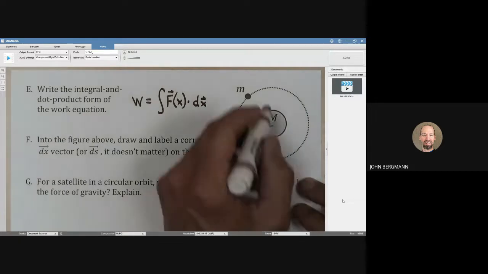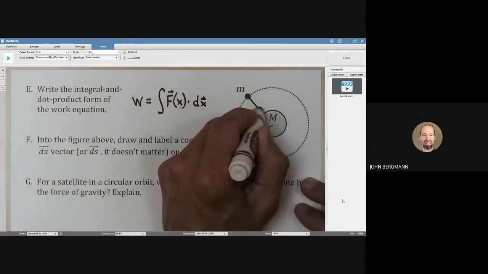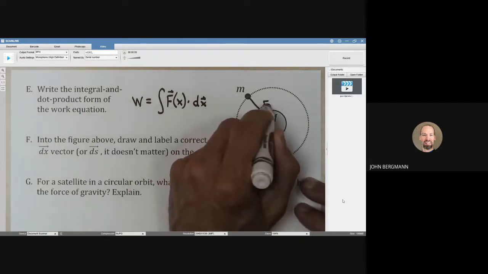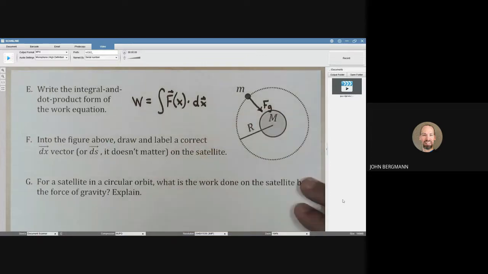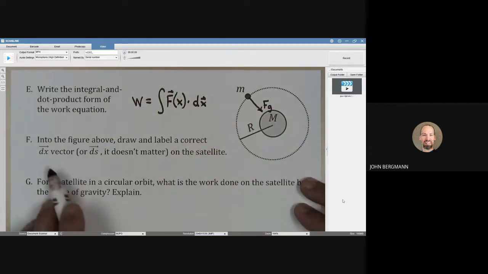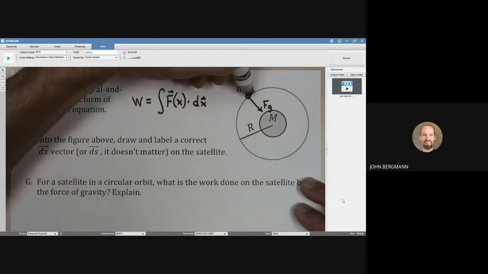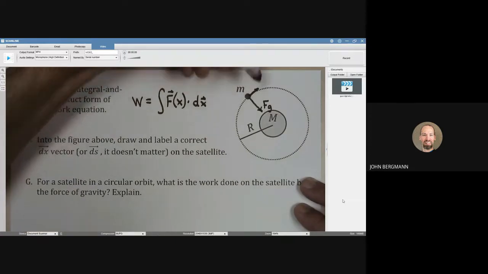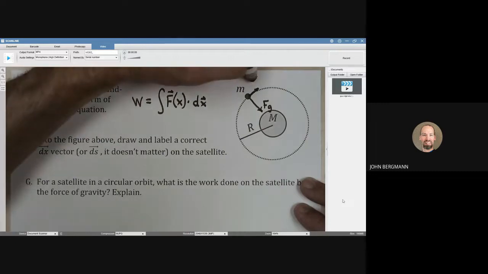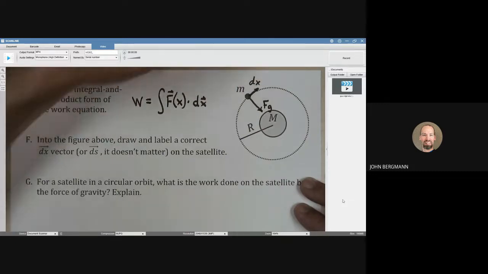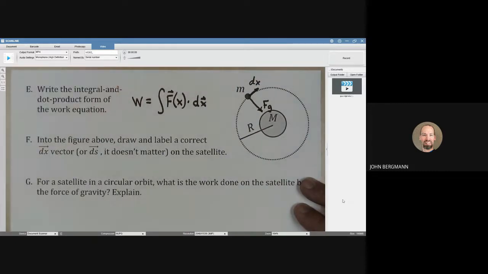I reproduced the picture here so we wouldn't have to flip back to the previous page. Recall that we had gravitational force vector right there, and a dx vector is parallel to the velocity vector. So that little dx vector, of course, it's extremely tiny, but I need to draw it big enough so you can at least see it, is parallel to the velocity.